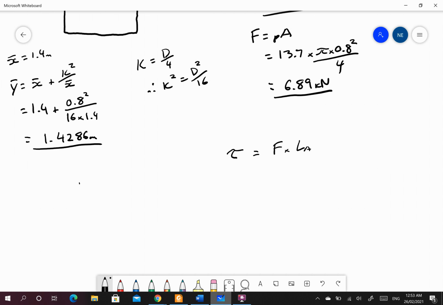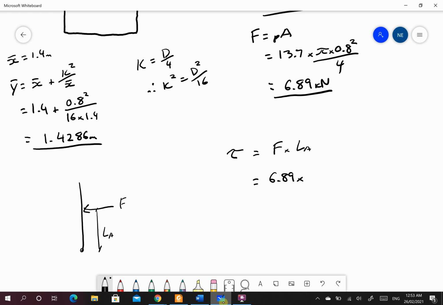So if I have a force sitting here, the distance is the lever arm, which is equal to force 6.89 kilonewtons times the lever arm.